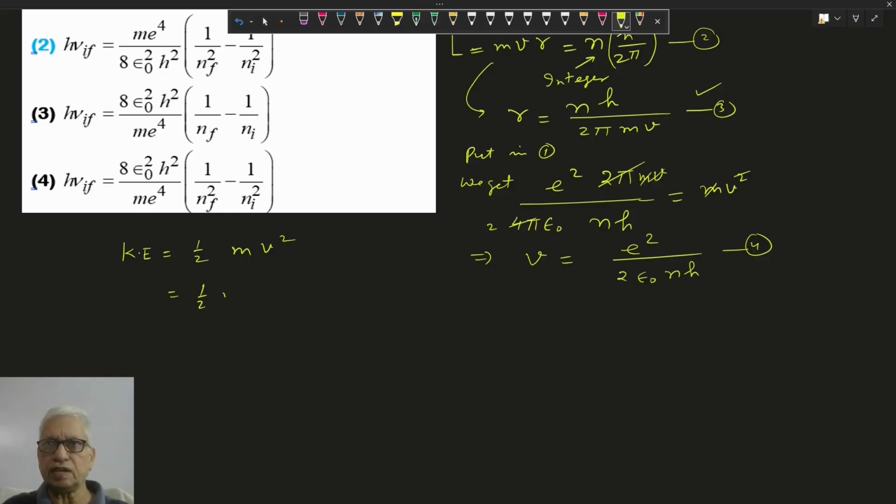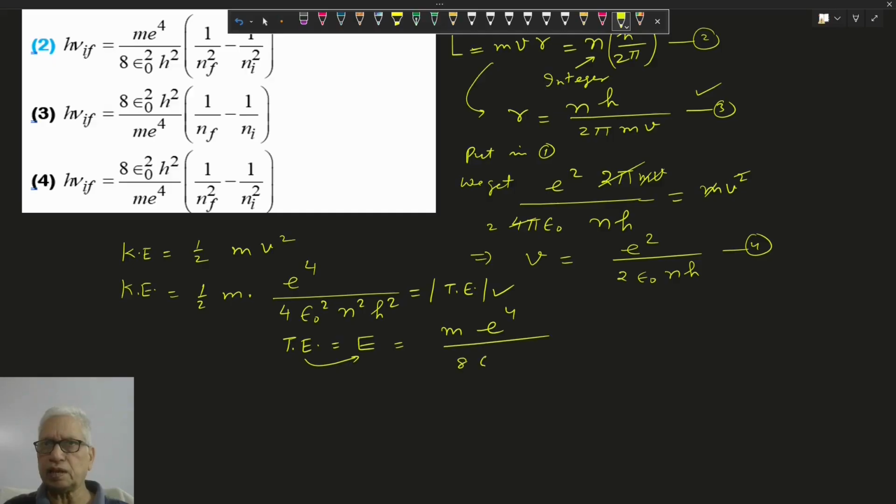So half m v square means m e to the power 4 upon 8 epsilon naught square n square h square. We know kinetic energy and the total energy modulus are equal, but total energy is negative, that's why we have taken the magnitude. So kinetic energy and total energy have the same formula. So the total energy will be E equals m e to the power 4 upon 8 epsilon naught square h square and 1 by n square. We can write like this.